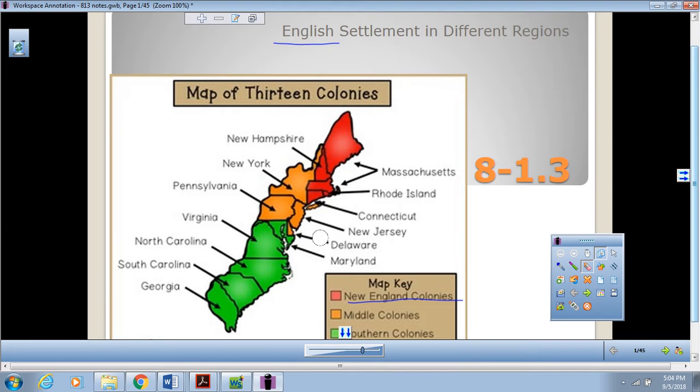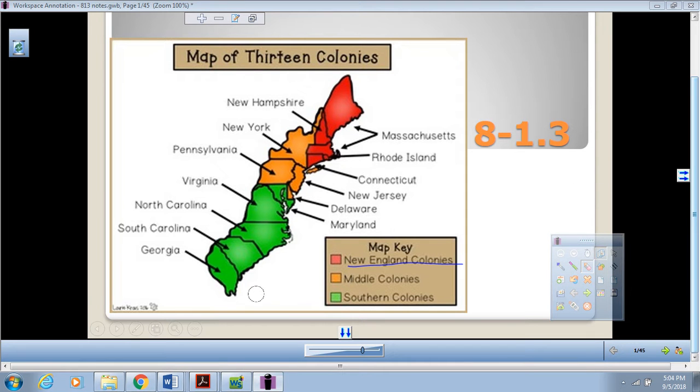those that were kind of in the middle from north to south, which included Pennsylvania, New York, New Jersey, Connecticut, and Delaware, which were called the Middle colonies, and the colony group that South Carolina was a member of, which included Virginia, North Carolina, South Carolina, Georgia, Maryland, which is called the Southern colonies.